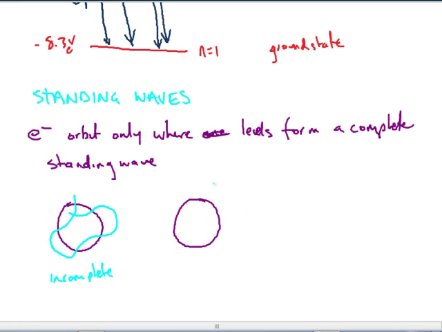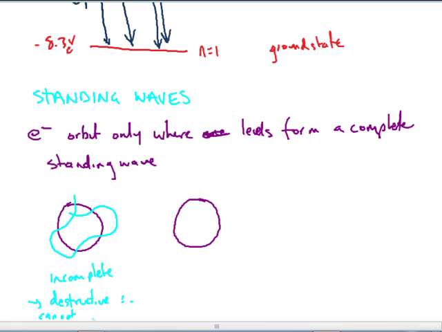Because the wave isn't complete, we get destructive interference. And the destructive interference basically collapses it. It cannot exist at that point. Therefore, it cannot exist here.